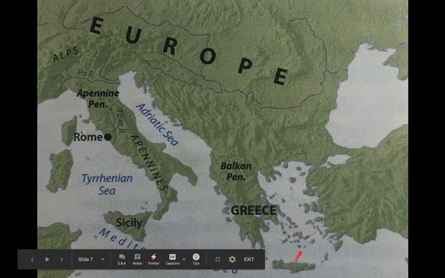Just like ancient Greece had many islands around here, and the largest one was Crete down here. Italy, the Apennine Peninsula, has a large island right here at the toe of the boot, and this island is called Sicily. And we'll talk about that in a little bit.